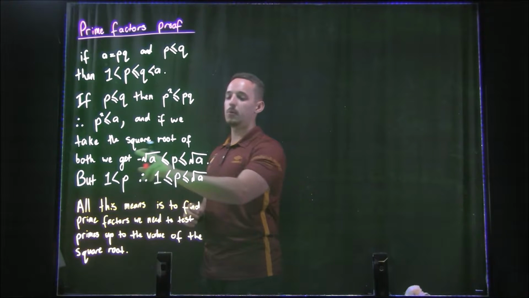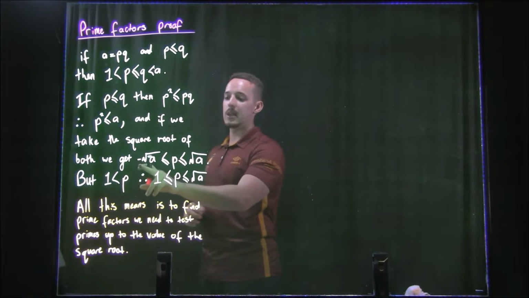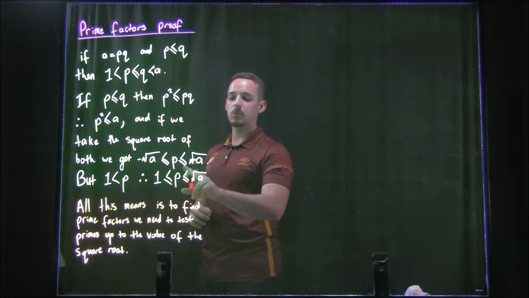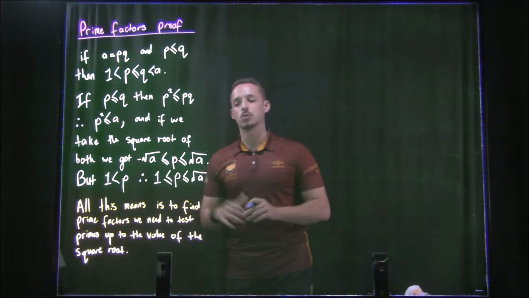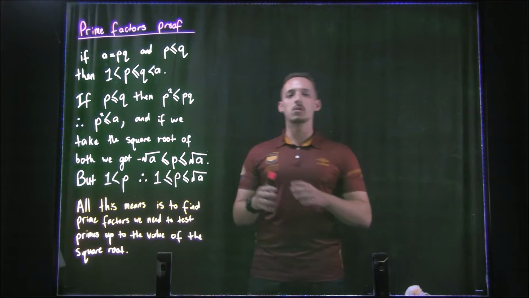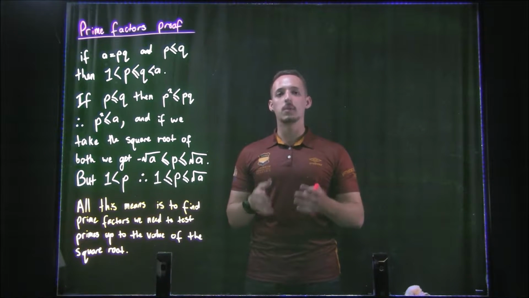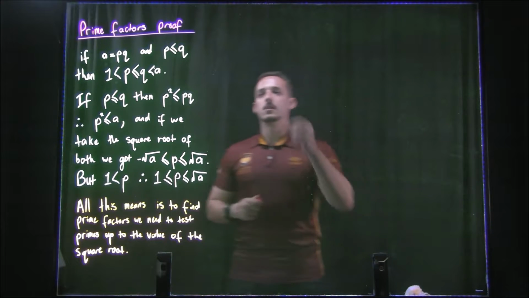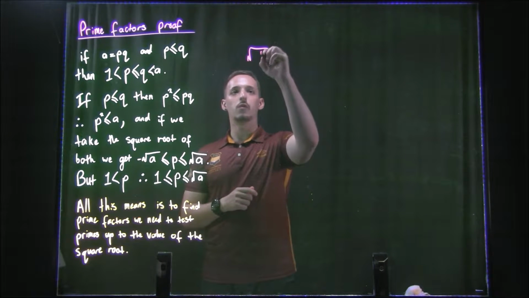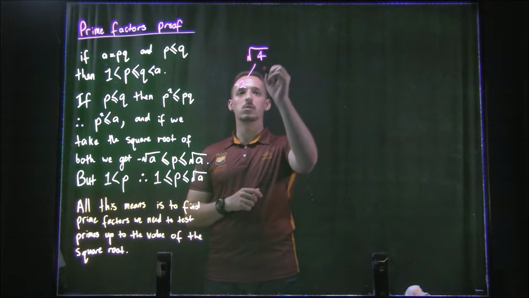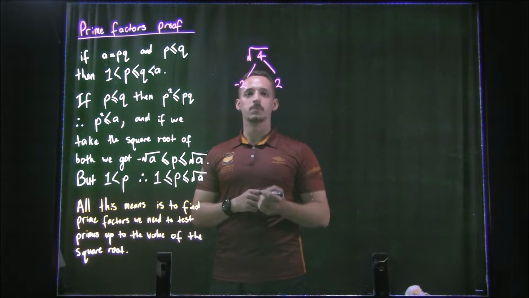And if we take the square root of both, we get negative root A is less than or equal to P, which is less than or equal to root A, or square root A. And that's because whether it's the negative or the positive root, it is still going to be the same number at the end of the day. The square root of 4 is either negative 2 or 2.